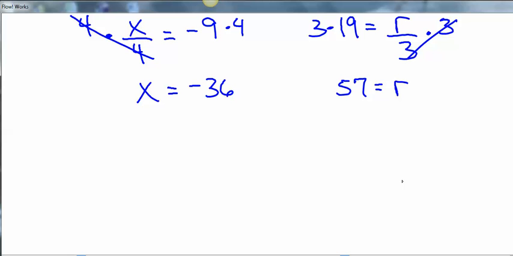All right? The only thing left, and I think we talked about it last week, but I'm not sure, is a fraction in front of the variable. 4/5 m equals 28.